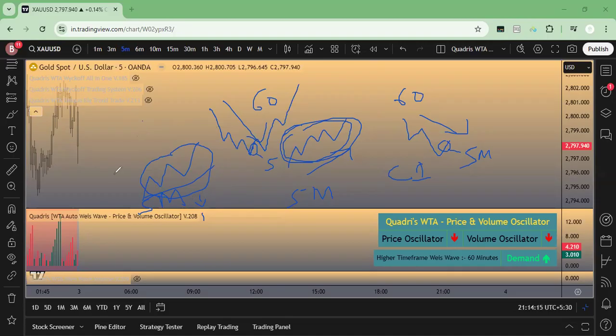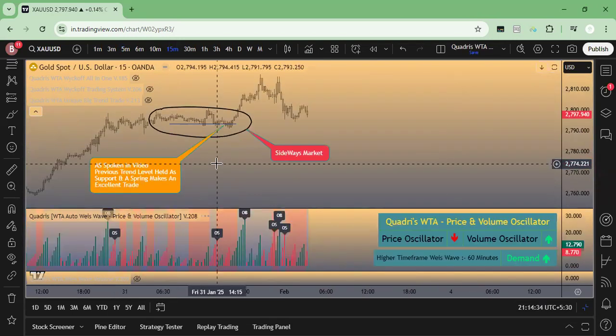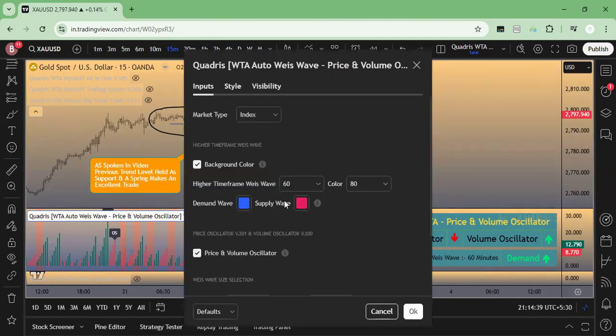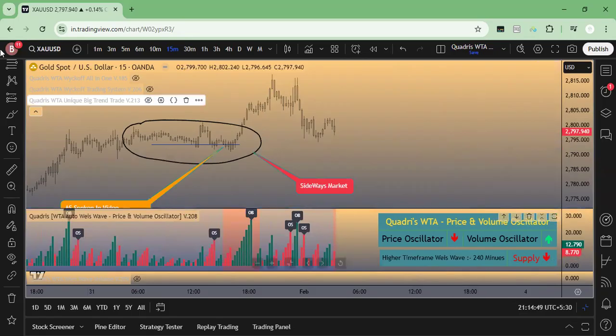That is the reason I have introduced this higher time frame, so that whatever is happening on the higher time frame, we can align it with 15 minutes. For example, you can change it to 240. This will give you the idea of what is happening in the higher time frame.